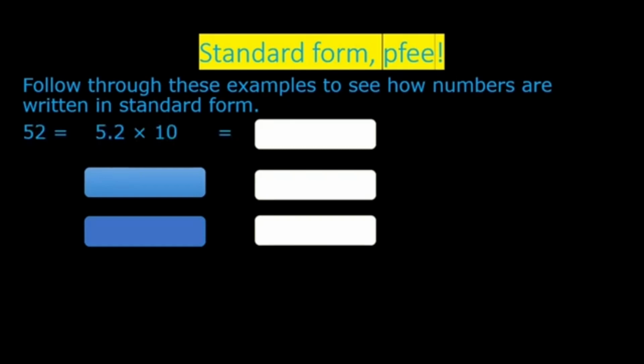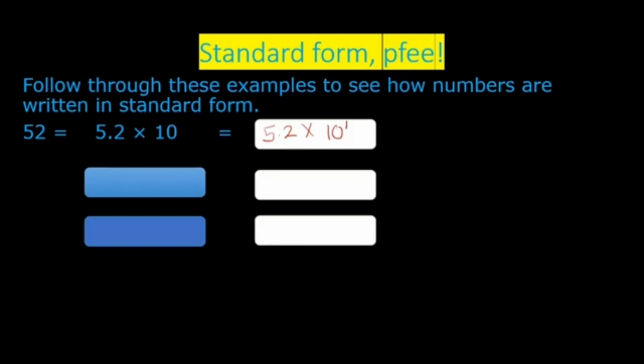Here we have a partially worked example. 52 is a common number. We can rewrite it as 5.2 times 10. Already it is in standard form, because this first number a is satisfying the condition that the number should be between 1 and 10, so this one is okay. And now the power of 10, since we have just multiplied by 10, the answer would be 5.2 times 10 to the power 1.